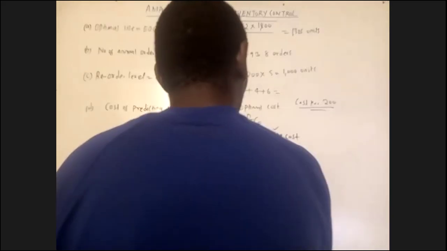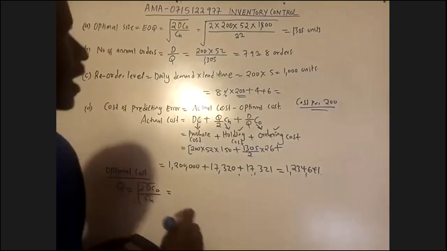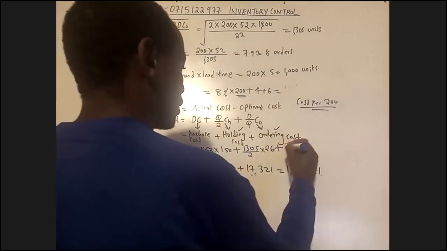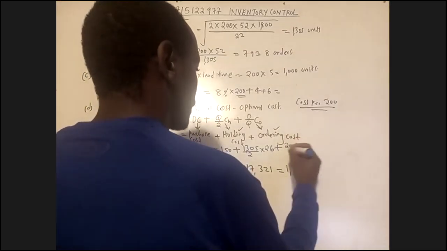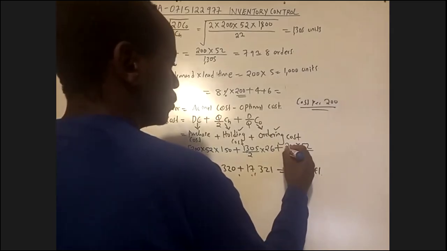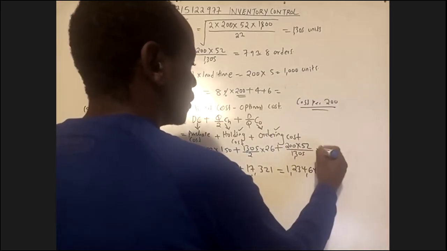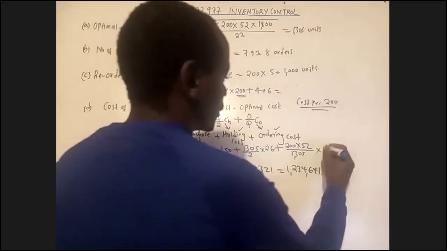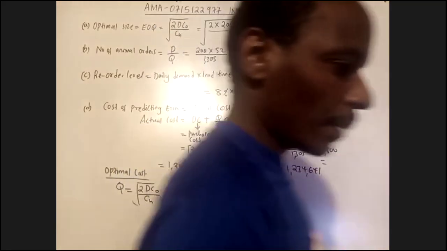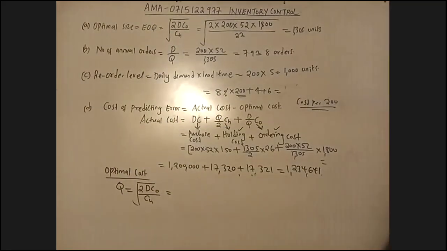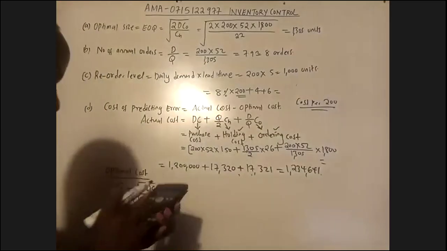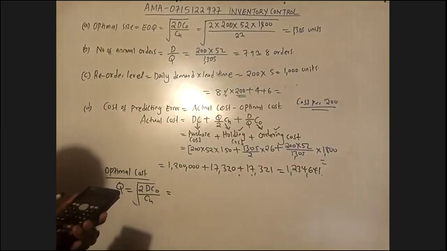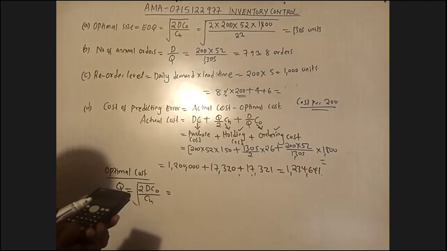26 plus D over Q, which is 200 times 52. Q we have as 1305, and the ordering cost 1800. So we say 200 times 52 times 150 plus 1305 over 2.